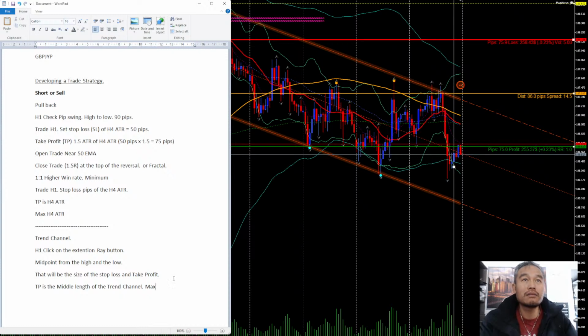And stop loss. Stop loss would be divided by, so multiplying by 1.5 is 3/3.